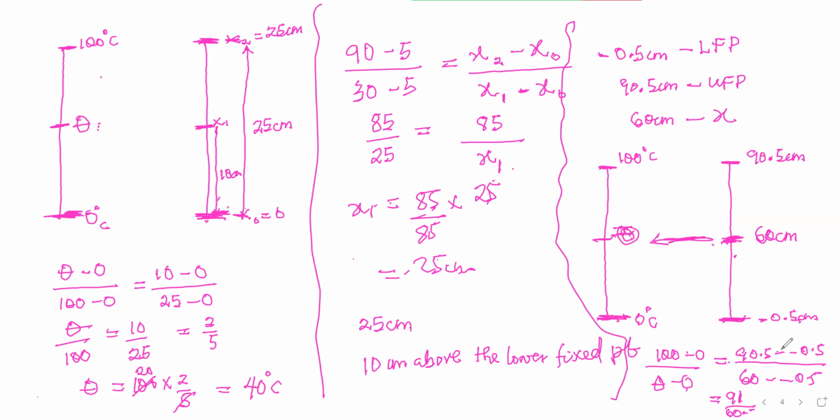But don't forget, it's a difference, so 90.5 minus negative 0.5, divided by the given length minus the lower fixed point. It's basically the same principle as we've been using. Are you okay? Yes, sir.